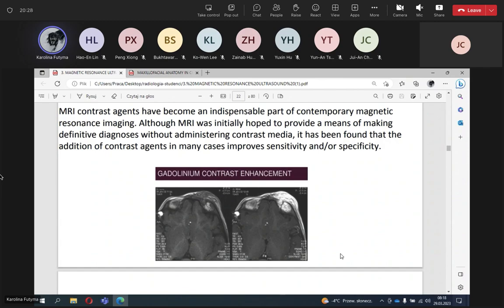So, in MRI, we use mostly gadolinium contrast. In computer tomography, it was based on iodine. So this is the difference between computer tomography and the contrast agent in the MRI.